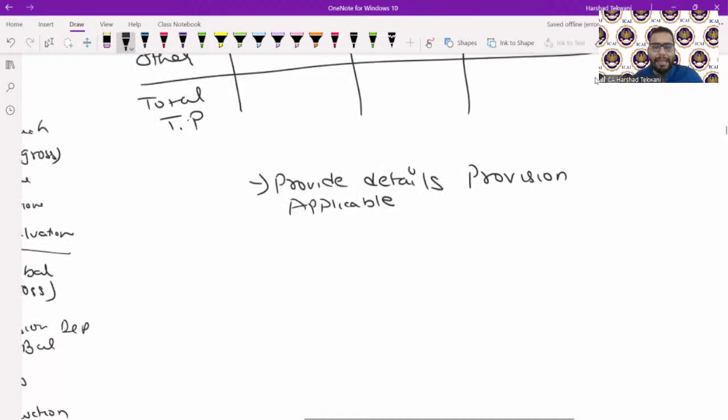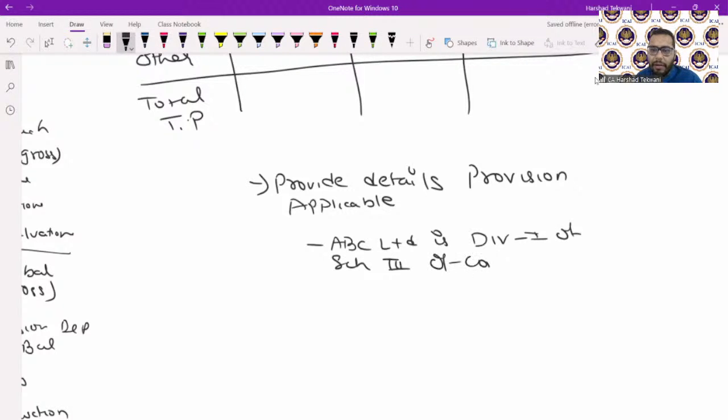For example, ABC Limited is a company registered under Companies Act, and as per the details given, Division One of Schedule 3 of Companies Act will be applicable for preparation and presentation of its financial statements.